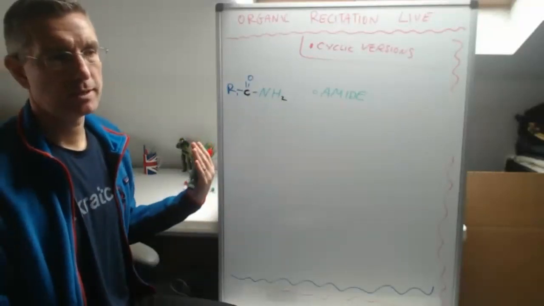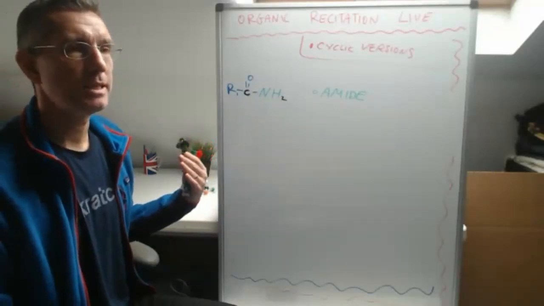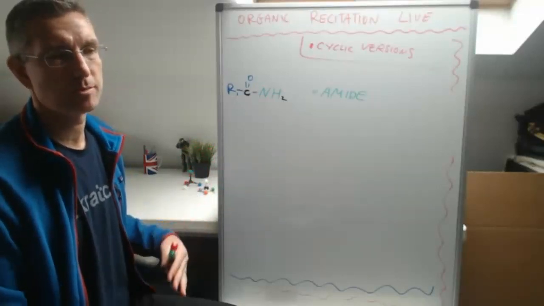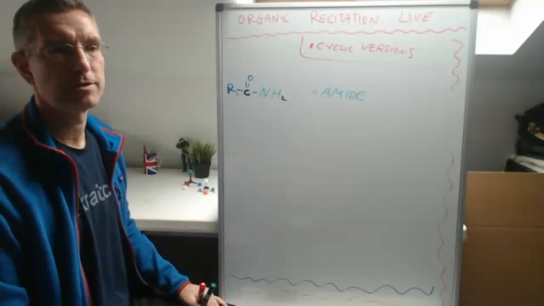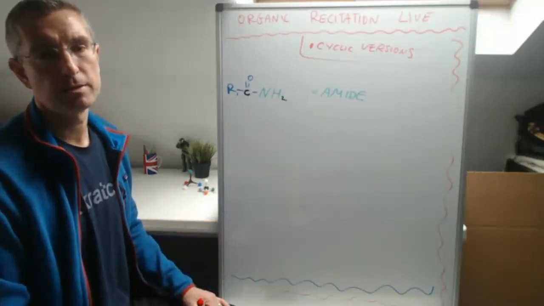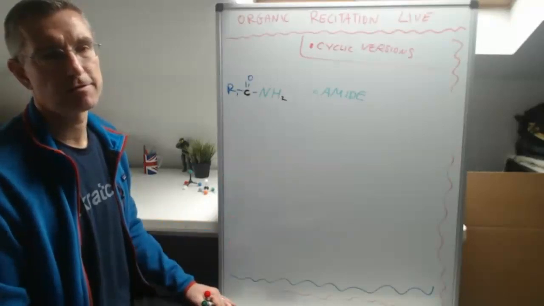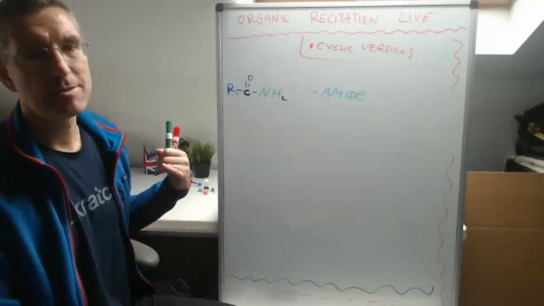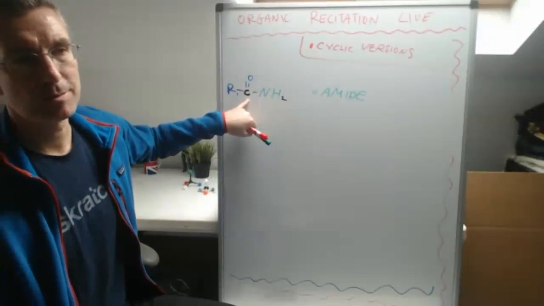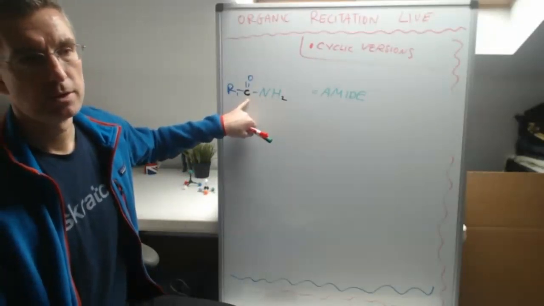So if you think back to chapter 19, amines were categorized based on the number of carbon-containing substituents connected to the nitrogen. So our NH2 is a primary amine, 1 carbon connected to nitrogen. An amide, by definition, has to be connected to the carbon of a CO double bond.